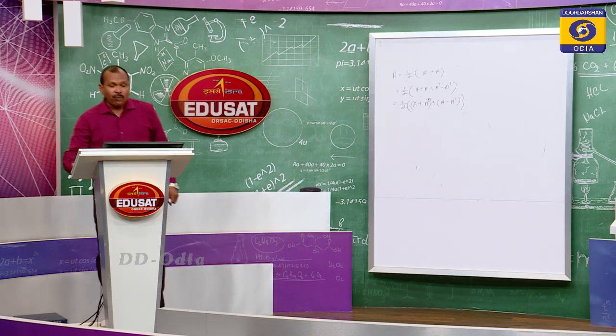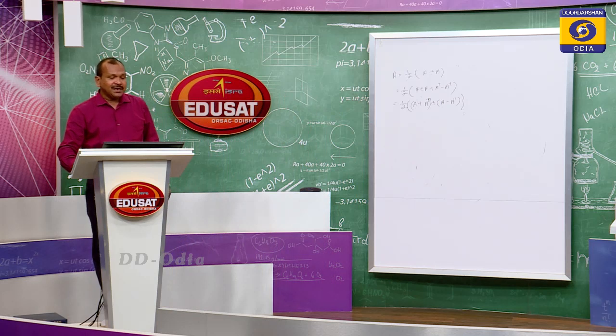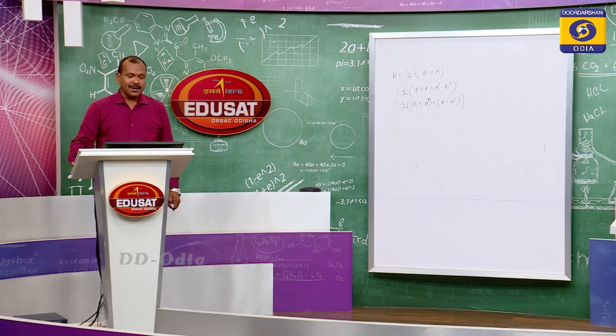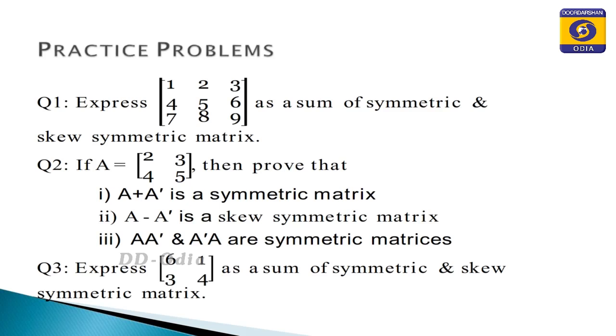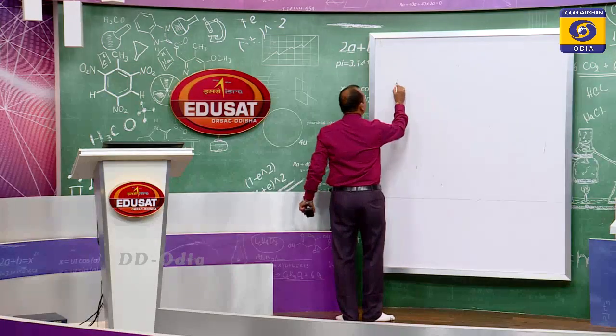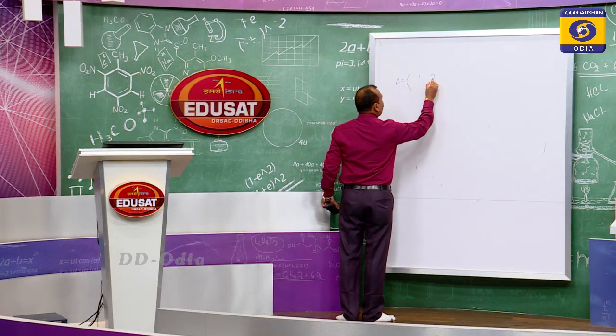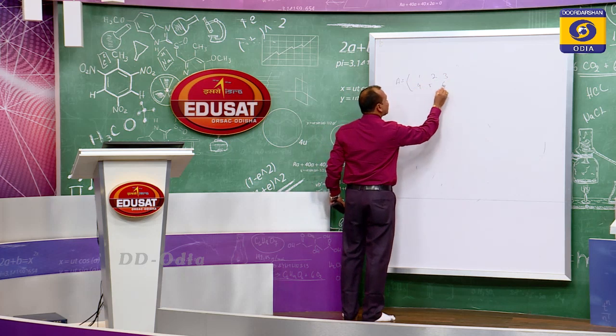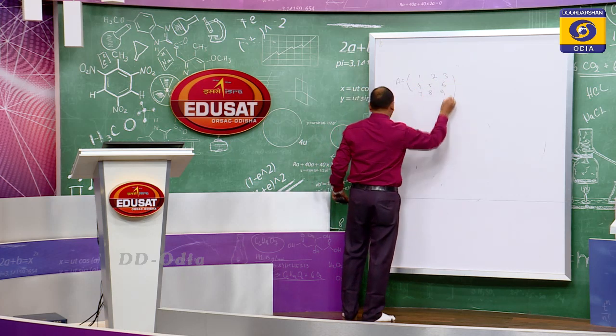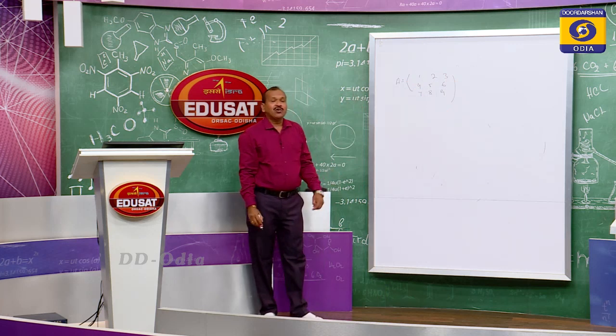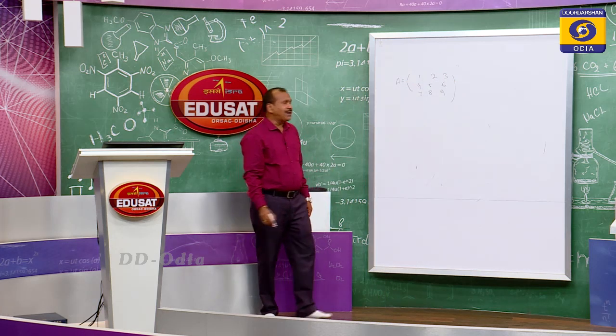Next, some problems are given here regarding symmetric and skew symmetric matrices. Number 1: express the matrix 1, 2, 3, 4, 5, 6, 7, 8, 9 as a sum of a symmetric and a skew symmetric matrix. Now I work out this problem. A is the matrix 1, 2, 3, 4, 5, 6, 7, 8, 9. We express this matrix as a sum of symmetric and skew symmetric matrices.